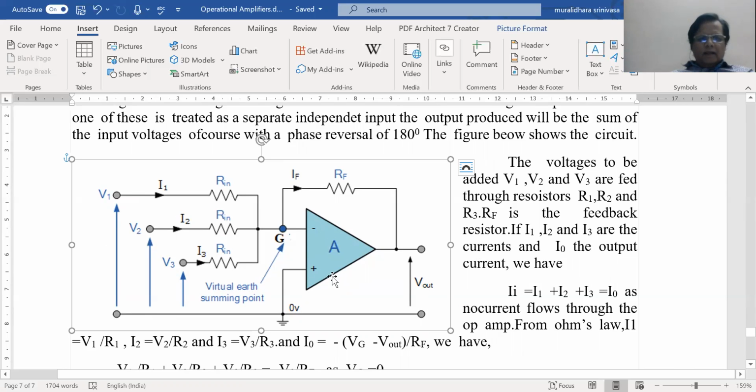A is the gain of the amplifier. The positive terminal is grounded. This is where you get the output. I could have actually shown you the pin diagram also here. In most of the books that I saw, pin diagram was not given, so I just kept quiet. Now what we can do is, I can tell you what are the pins.